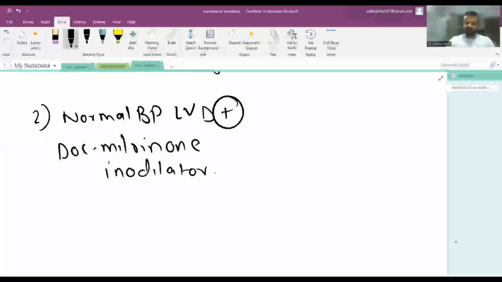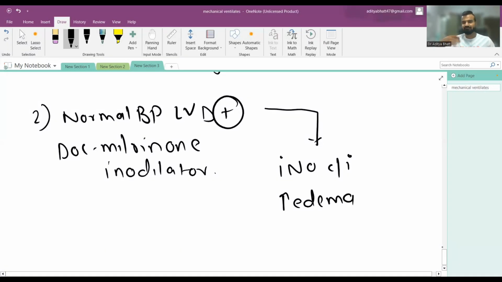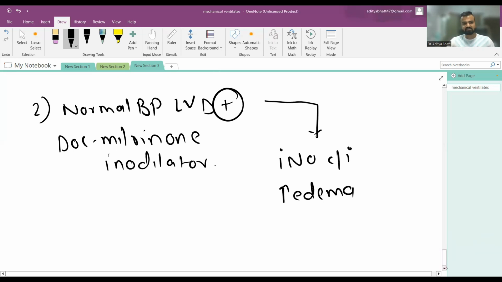In this condition, with normal BP and LV dysfunction, inhaled nitric oxide is contraindicated because it increases the chance of pulmonary edema. Because there is obviously left ventricular failure, there is increased chance of pulmonary edema. So that is why inhaled nitric oxide is avoided when there is LV dysfunction.